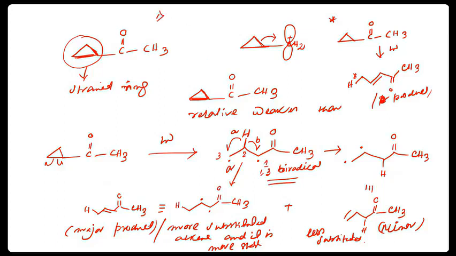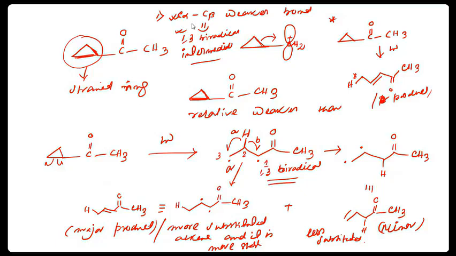Number one, the requirement: a weaker C alpha, C beta bond, and after that it proceeds through a 1,3 biradical intermediate. We always have to remember these two golden points.